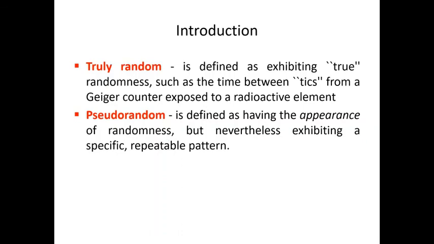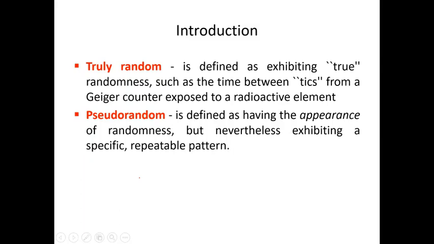Whenever we generate a random number, you can always expect that it will repeat itself after some interval of time, and that interval of time or the time period after which the number repeats itself can be made very, very large. Then it will give you the appearance of true randomness.